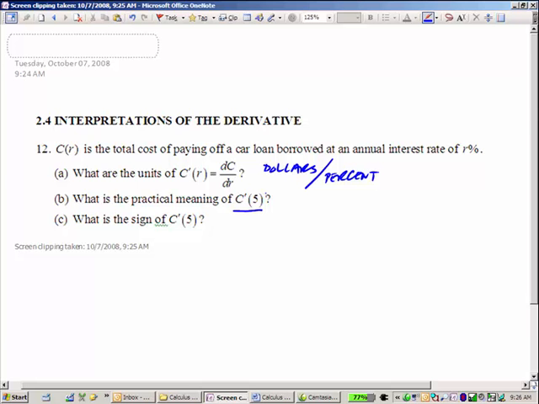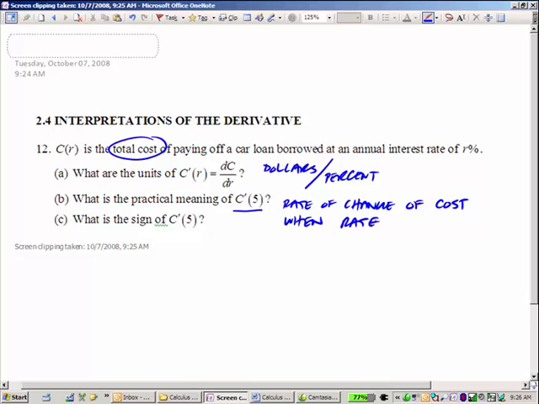So we want to know the rate of change of what? Of the dollars, the loan, the total costs. When what? When the rate is 5%.